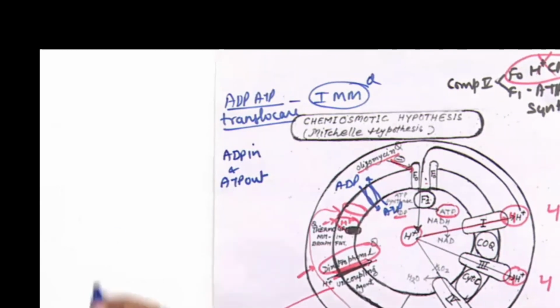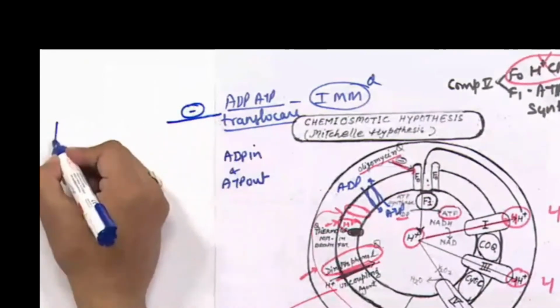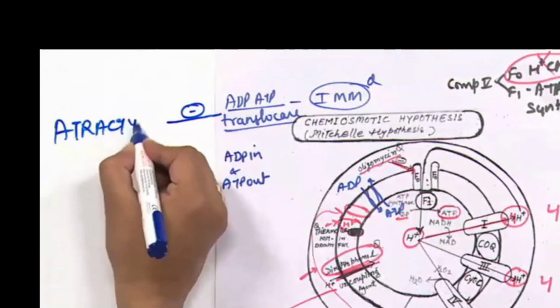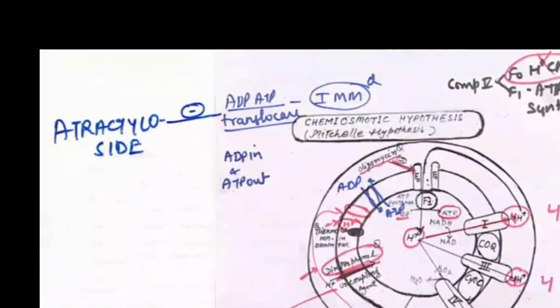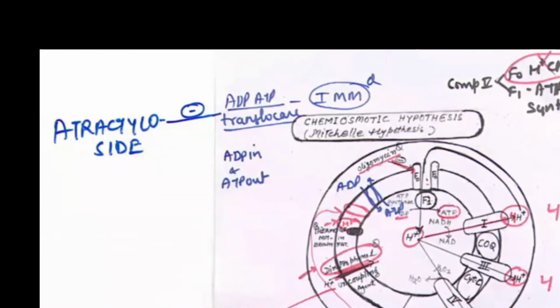And this ADP-ATP translocase is inhibited by atractyloside.